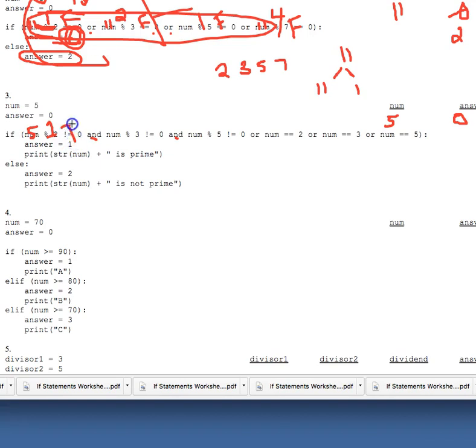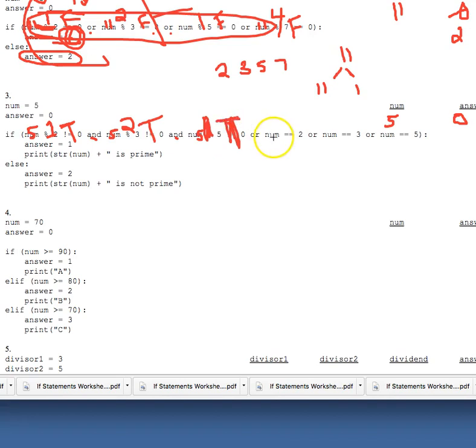That's true. Now we move over here. The remainder of 5 divided by 3 is 2. Is 2 not equal to 0? True. 5 divided by 5, that would yield a remainder of 1, and 1 is not equal to 0. So that's true.